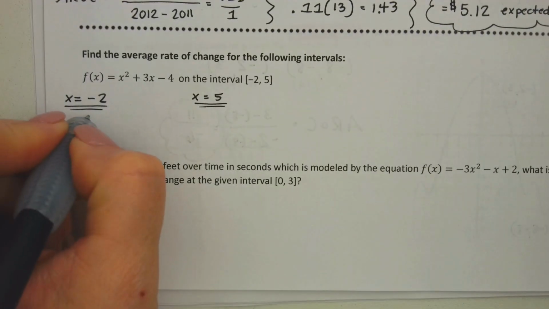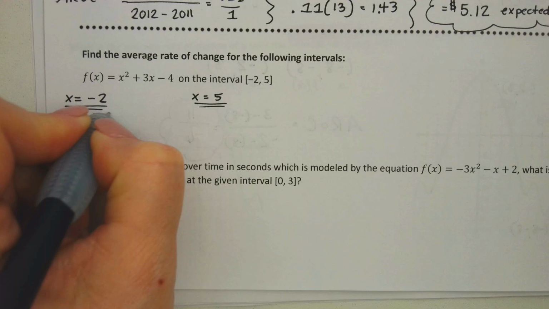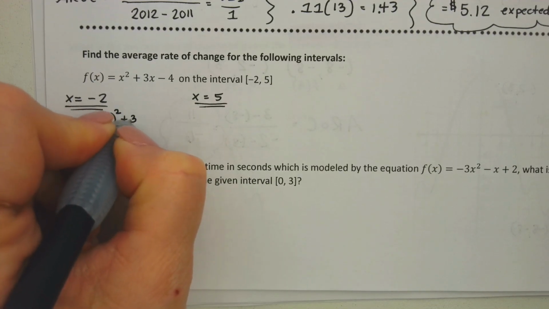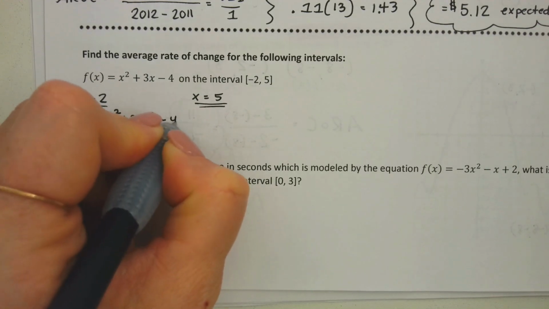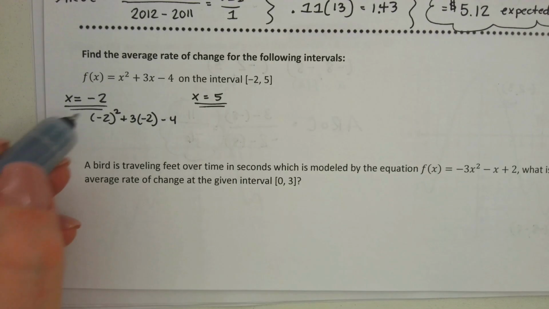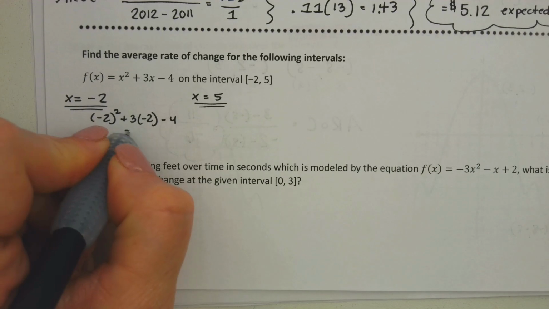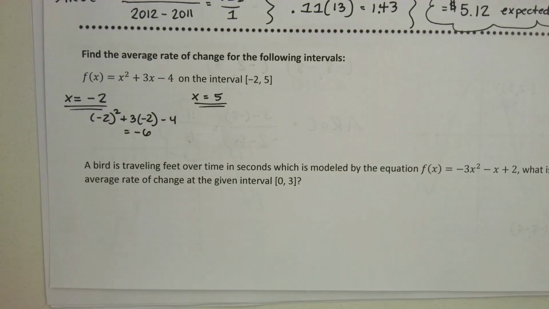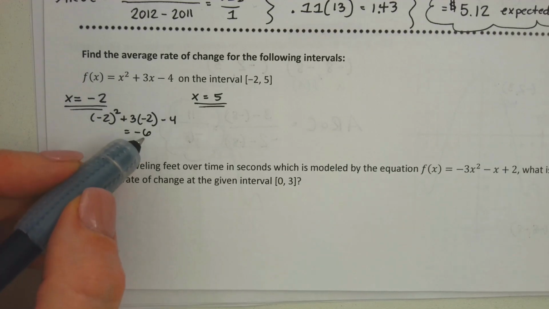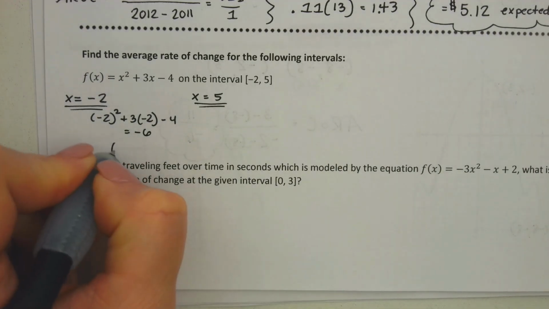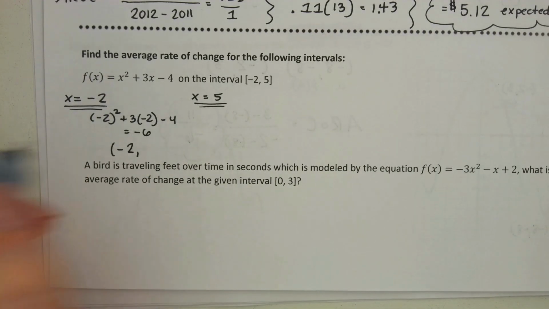So plugging in -2: -2 squared plus 3 times -2 minus 4. Let me see, that would be 4 minus 4 minus 6, so that's -6. So what ordered pair would that be? We plugged in -2, we got -6, so that's the ordered pair -2, -6. You're getting ahead.